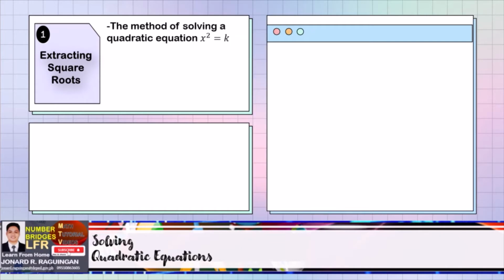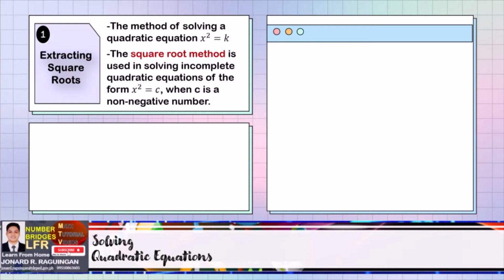The method of solving a quadratic equation x raised to 2 is equal to k is what we call extracting square roots. The square root method is used in solving incomplete quadratic equations of the form x raised to 2 is equal to c, when c is a non-negative number.